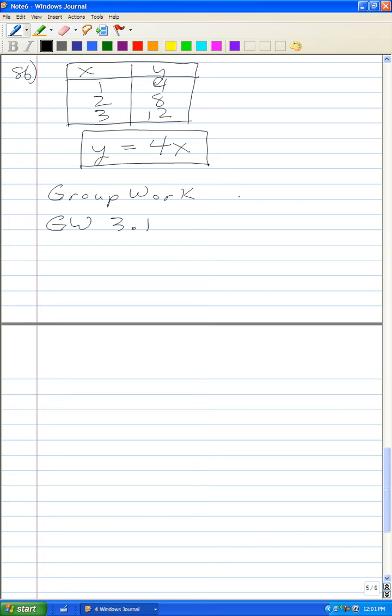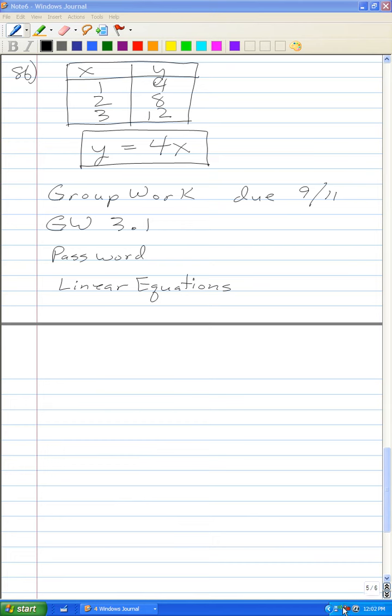And this is due Sunday, September 11. And so the password is linear equations. Okay, so that's it. So that finishes off section 3.1.